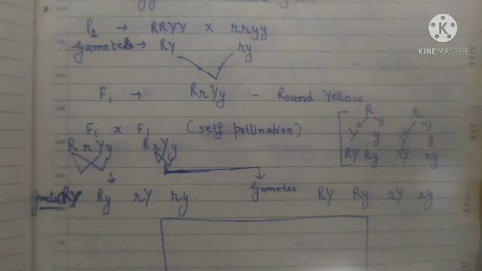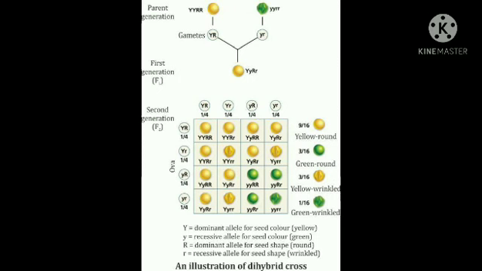Next, in the Punnett square you write the gametes of one parent on the horizontal side and the gametes of the other parent on the vertical side. So we get different plants: the yellow and round plants will be 9 in number, green and round will be 3, yellow and wrinkled again 3, and green and wrinkled only 1.